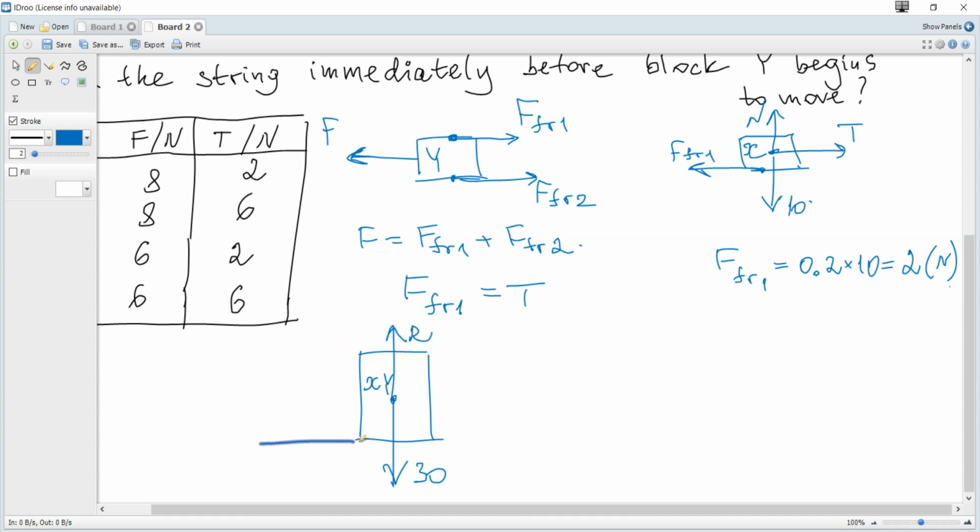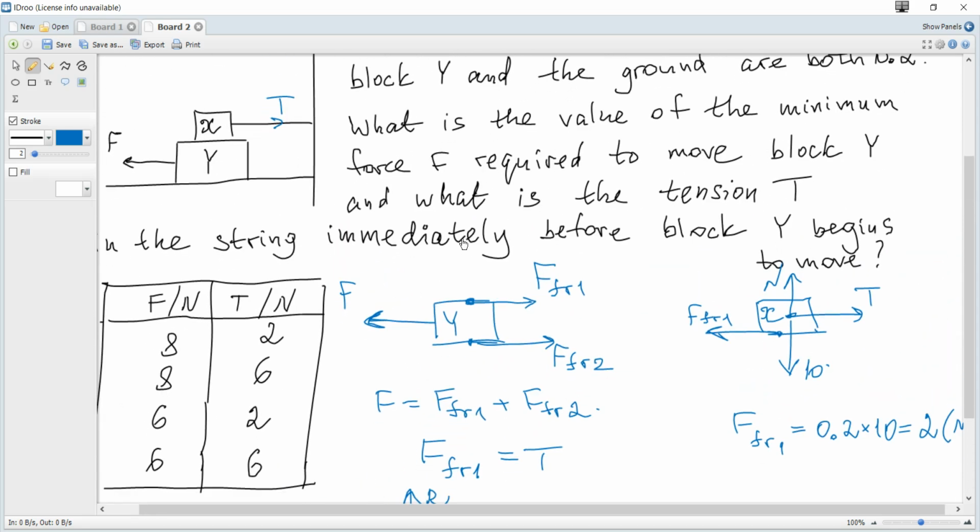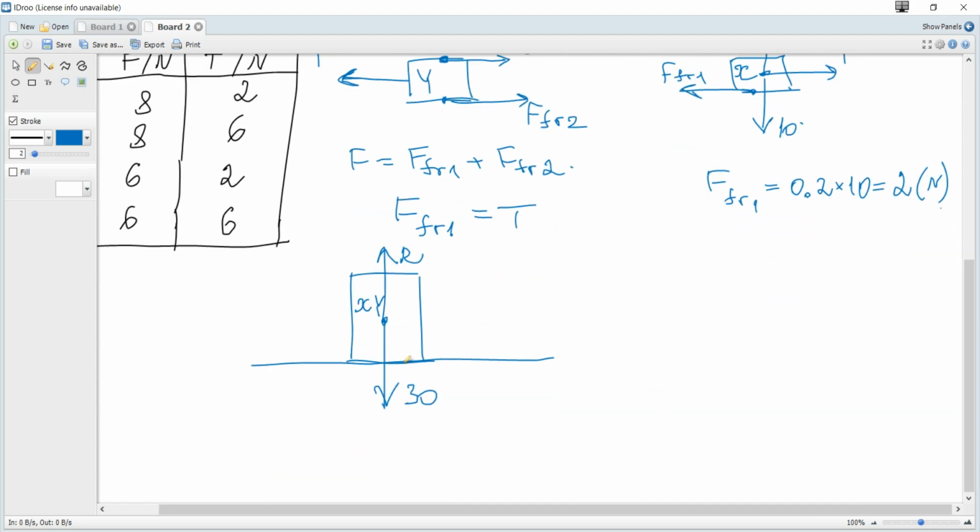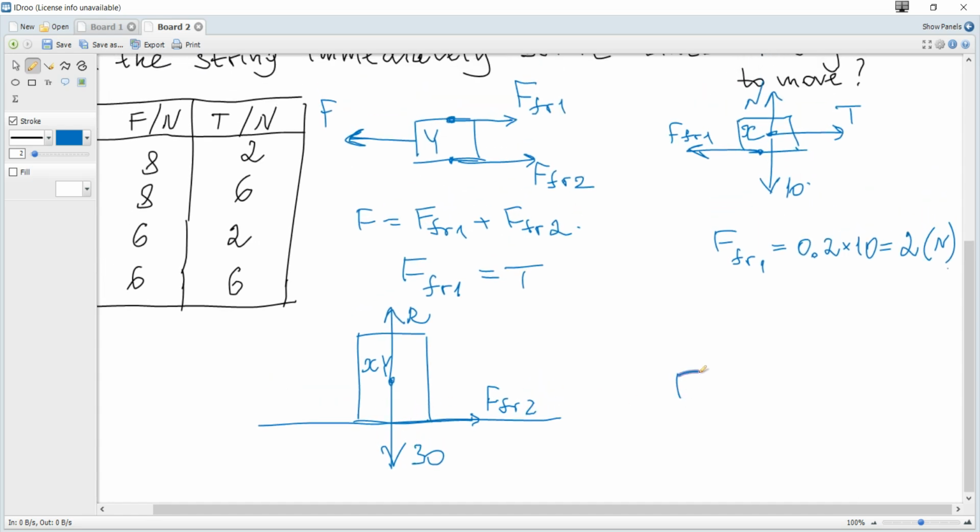It's the force that the ground exerts on actually Y, or both, it doesn't matter. But now F frictional 2 will be involved, and F frictional 2, it's what? Mu, it's also 0.2 multiplied by normal reaction, but here it's 30. It's quite easy in vertical projection or vertical components. You can see that R is balanced by 30, so it's 30. So it's what? It's 6 newtons.